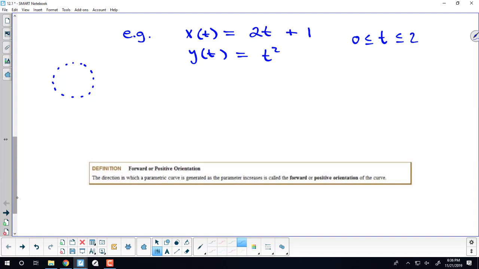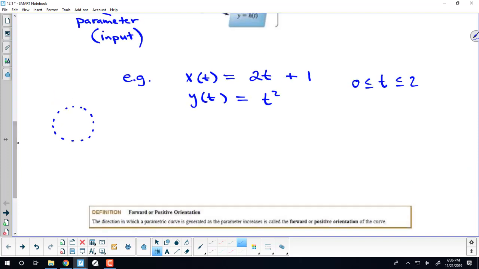So positive orientation is just the direction in which it's generated, as for instance, t ranged from 0 to 2 here. How do we end up plotting these points? Do we end up plotting them like this, indicating that we have motion in this direction? Do we end up plotting the points like this, and so forth? So that direction is the positive orientation.